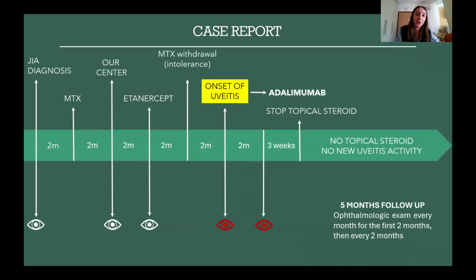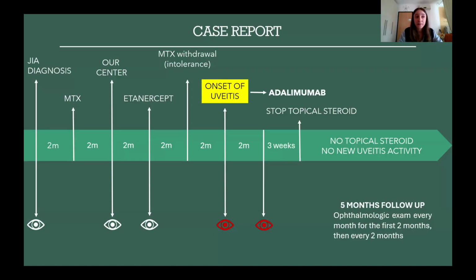So let's go back to our timeline. After these 2 episodes of uveitis, the patient has not experienced any further reactivation. She is no longer on topical therapy and is receiving systemic treatment with adalimumab, always 20 milligrams every 2 weeks.